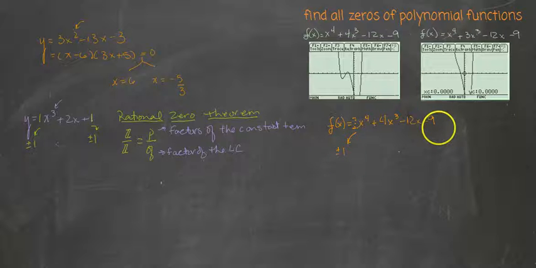But the factors of the constant term are plus or minus 1, plus or minus 3, and plus or minus 9. So we only have 3 factors, well 6 if you include the positive and the negative.